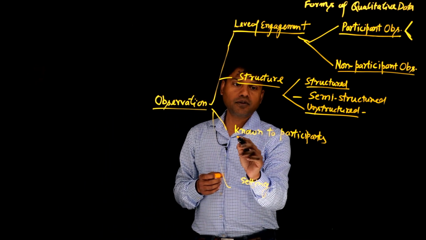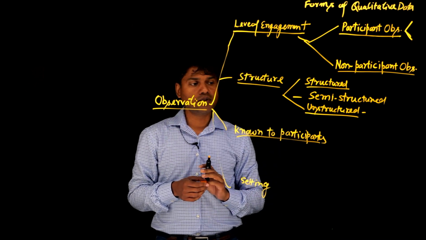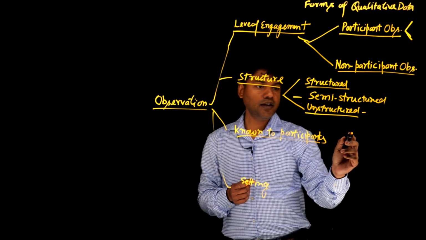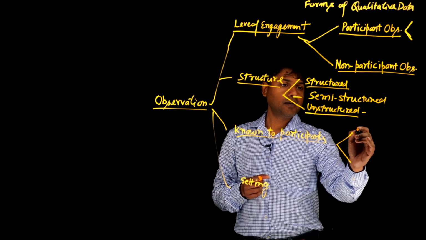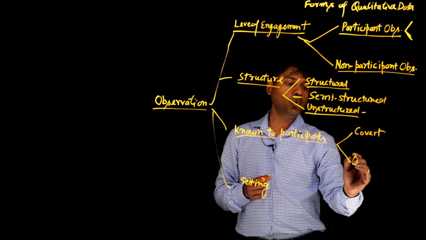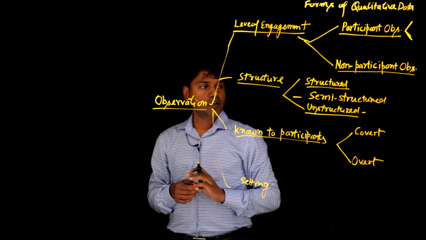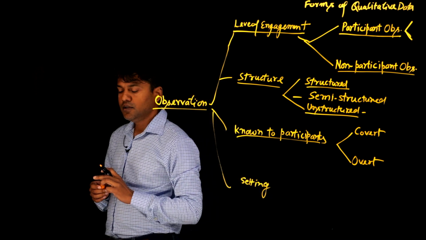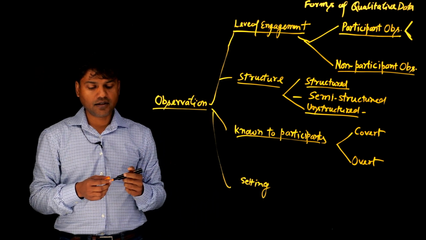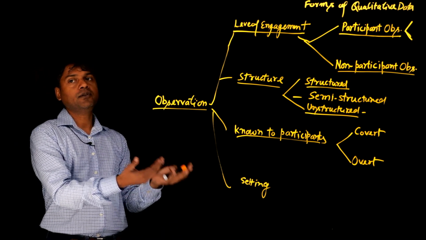Now let's talk about the third one, known to participants. Observation can be done in two ways here, covert and overt. In covert observation, as the name suggests, the people who are being observed don't know that they are being observed.